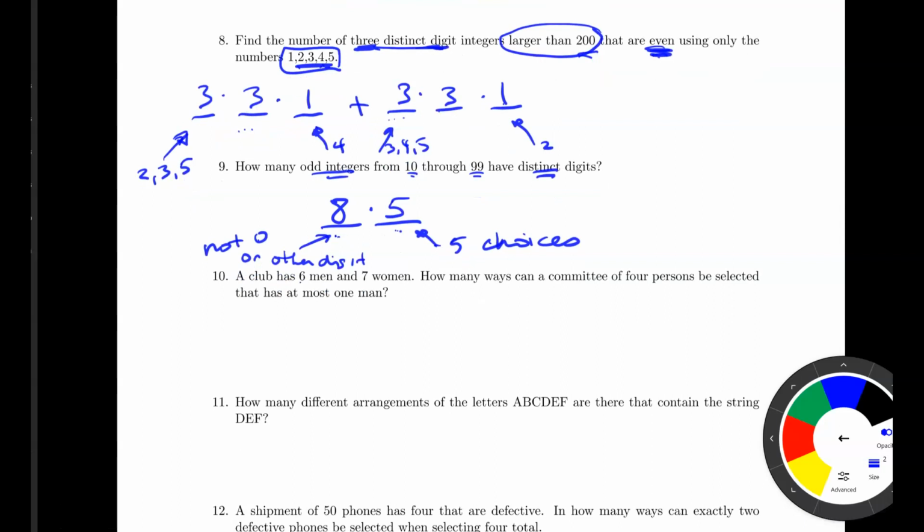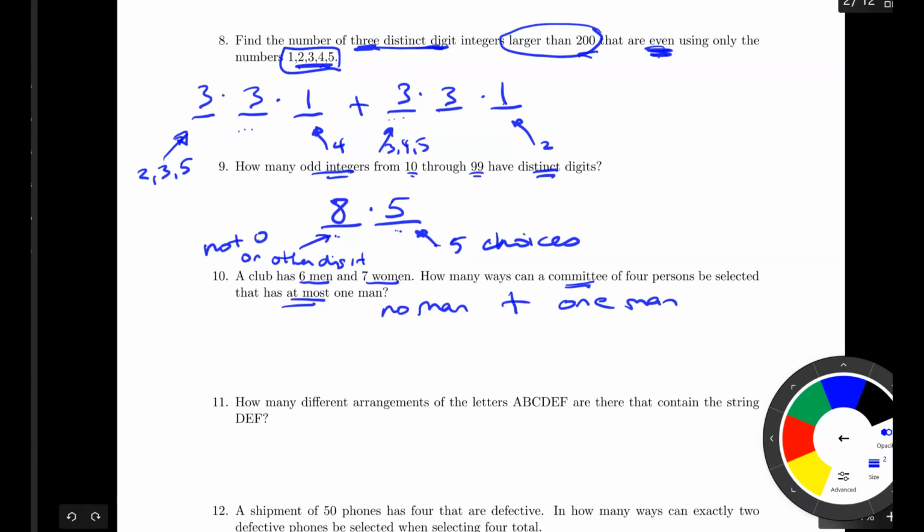All right, I've got a club with 6 men and 7 women. How many ways can I choose a committee of 4 persons where there's at most 1 man? So at most 1 man means no man, or 1 man.